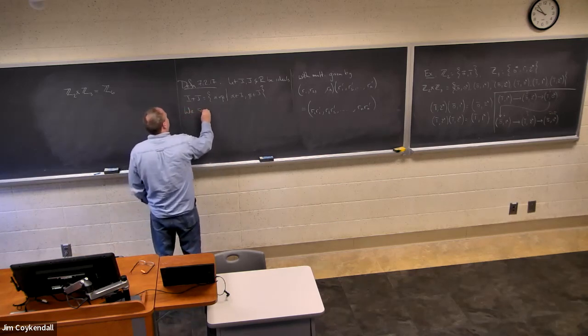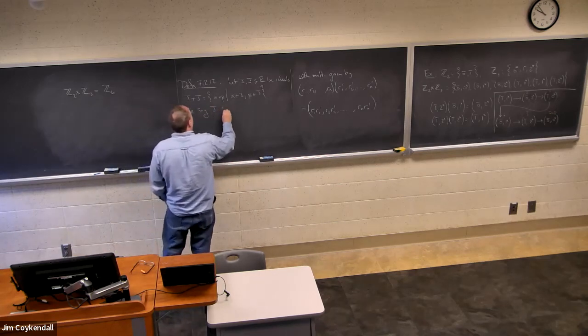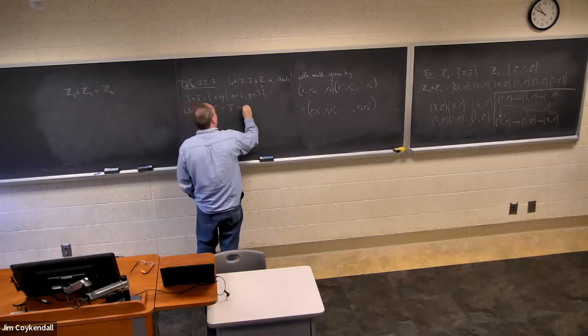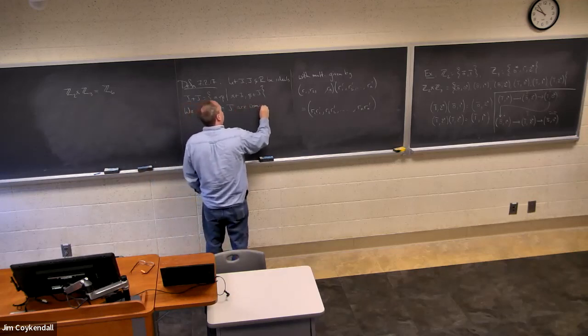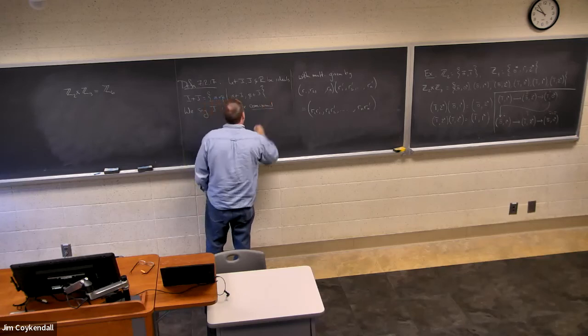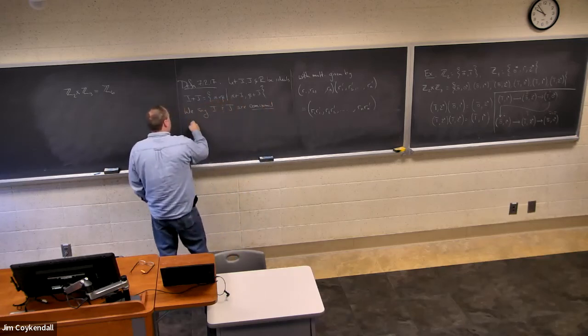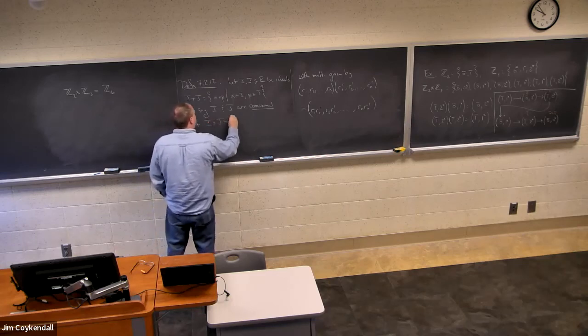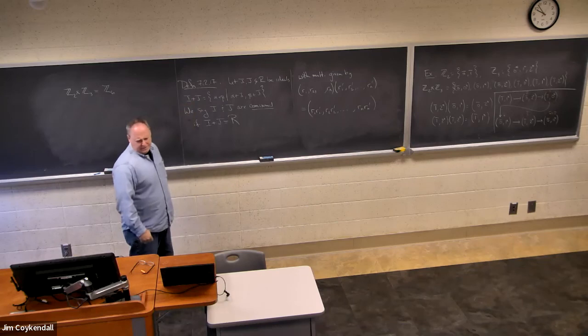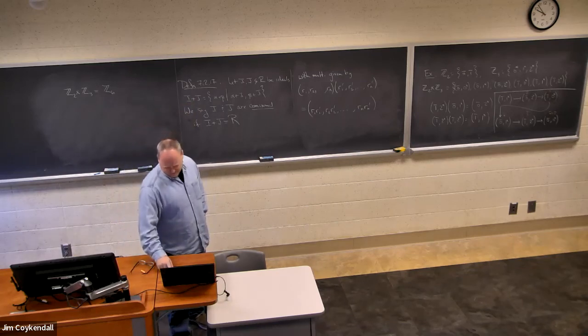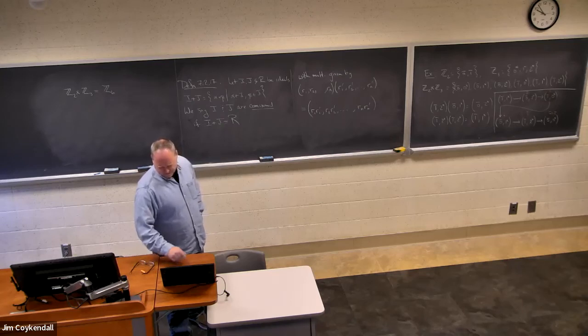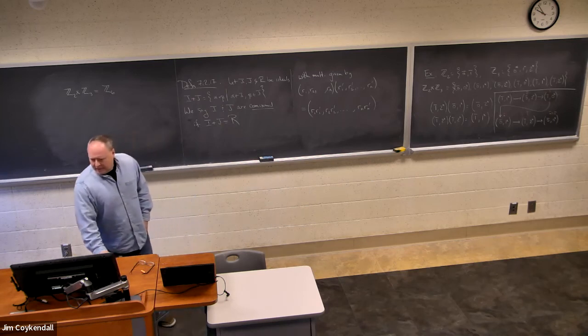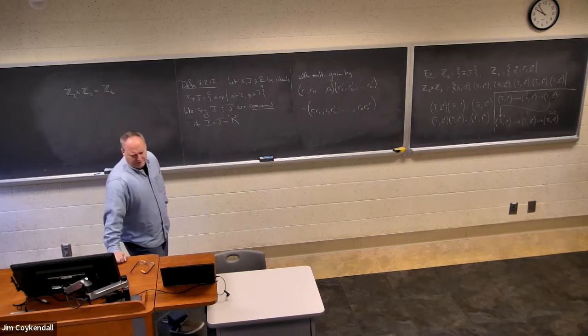We say I and J are co-maximal if I plus J is all of R. Okay. Any questions?